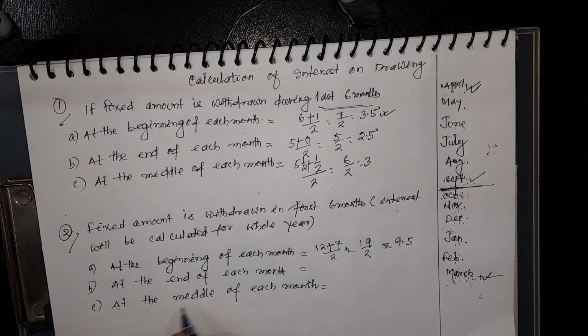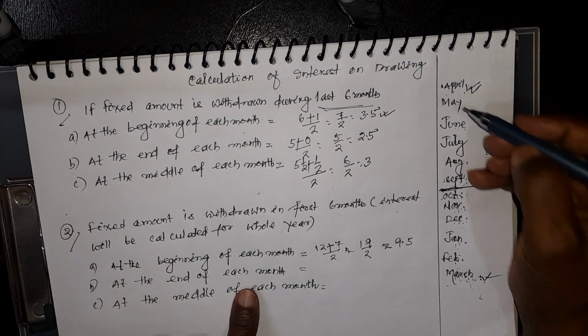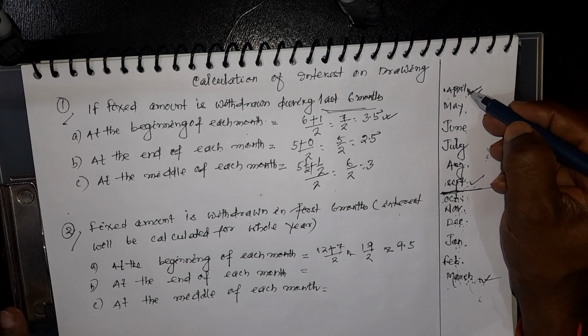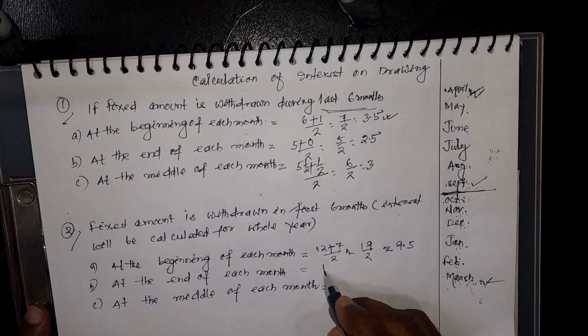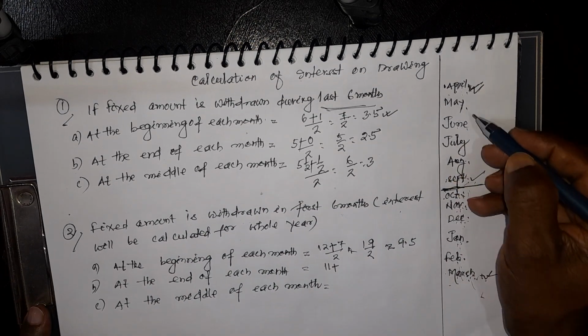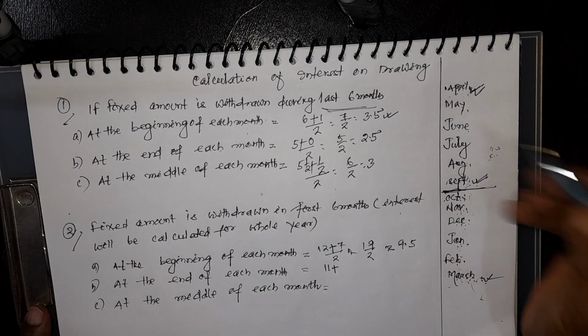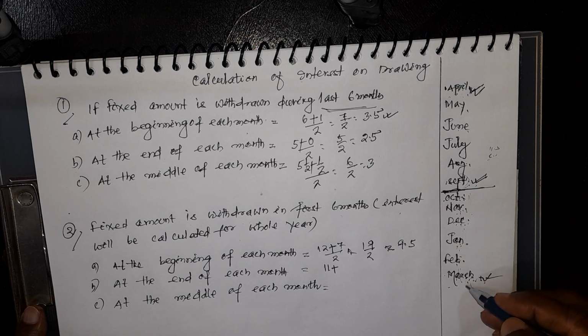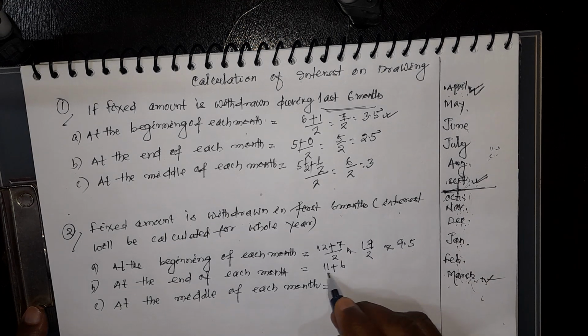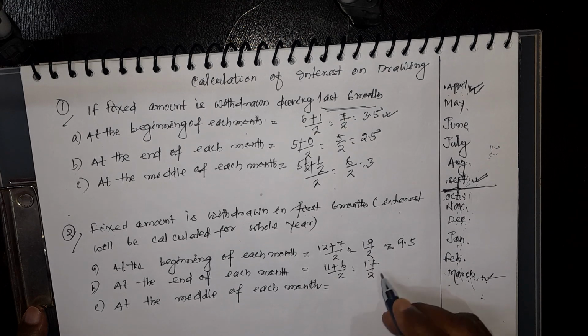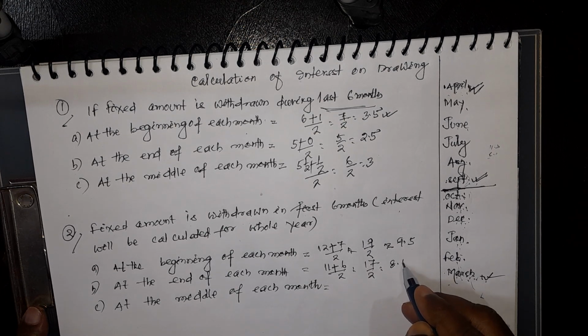Clear? Similarly, at the end of each month, April last. April last means how many months? 11 months. And what will be the last? That is September last. So September will not be included. October to March will be included, that is 6. So 11 plus 6, 17 by 2, it will be 8.5.